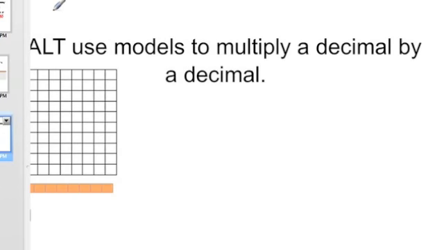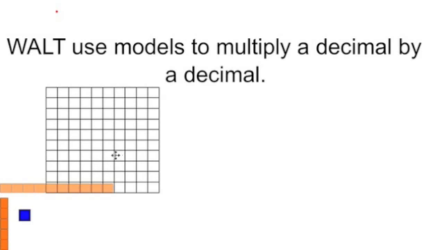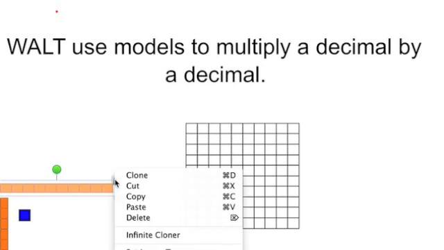Okay, so if you're staying, we'll try one more together. So I think what we'll do is just do number 6 in the independent practice. I'm going to move this over to clone these quickly.